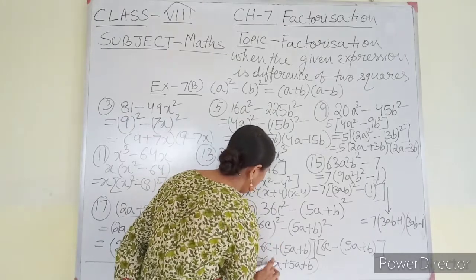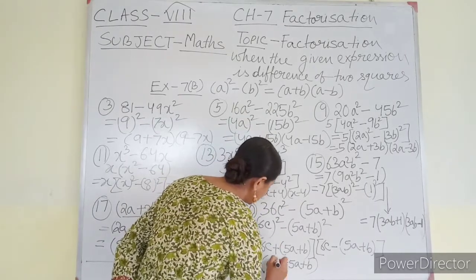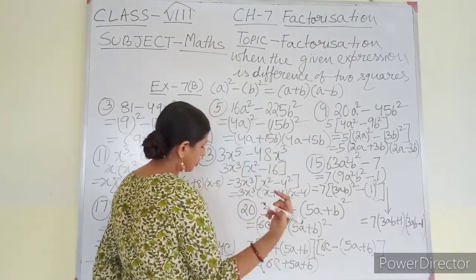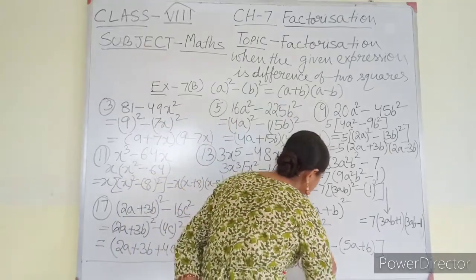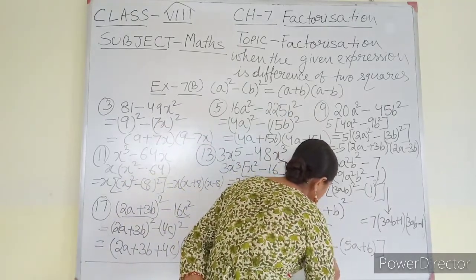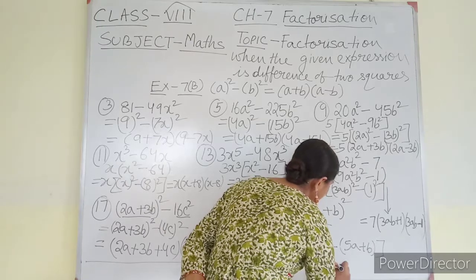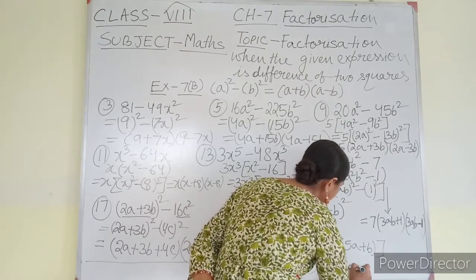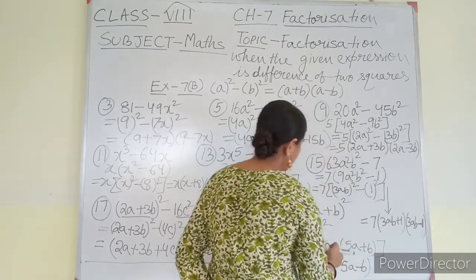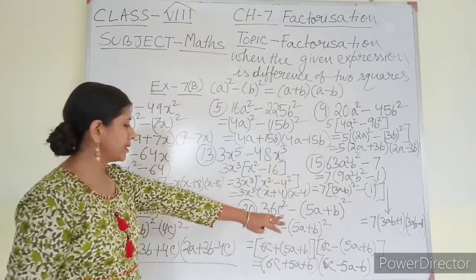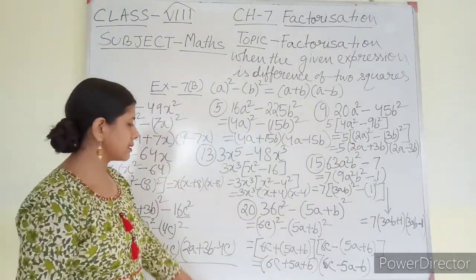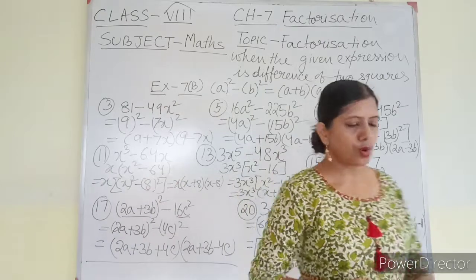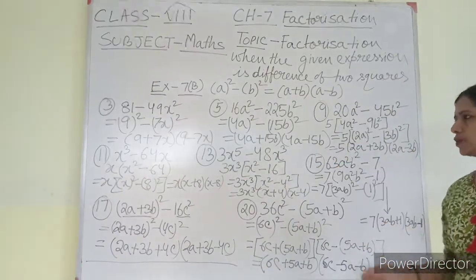I am writing wrong. Do the correction. It is c because here it was c, so this is also c. And this is 6c minus 5a and minus b, because this sign is there. If I open the bracket, I will get it as minus. So this is all about up to 20.